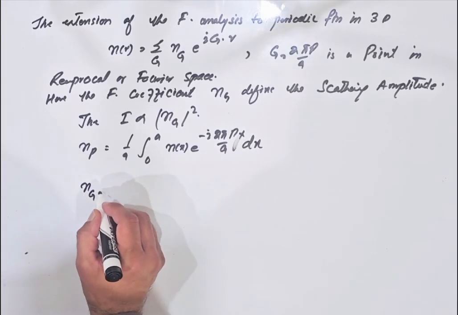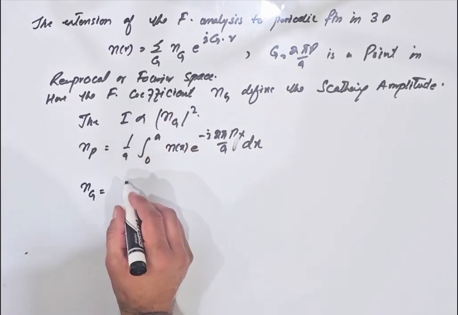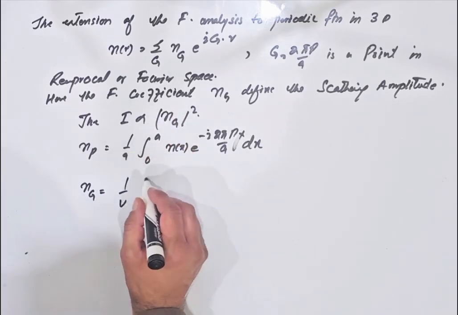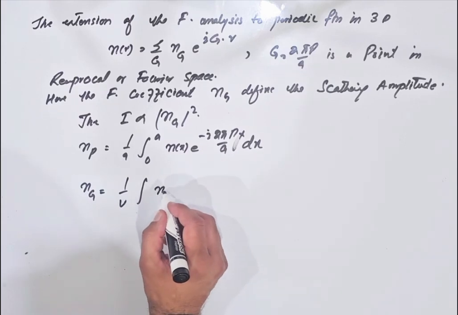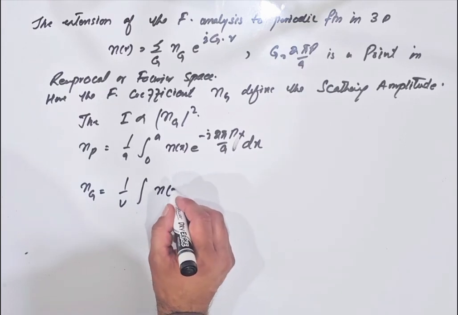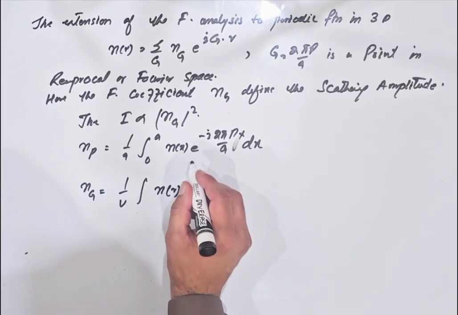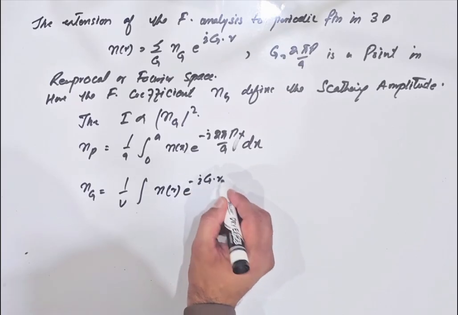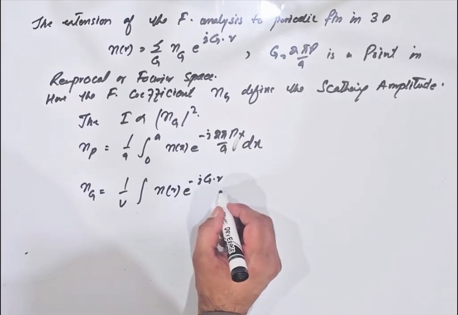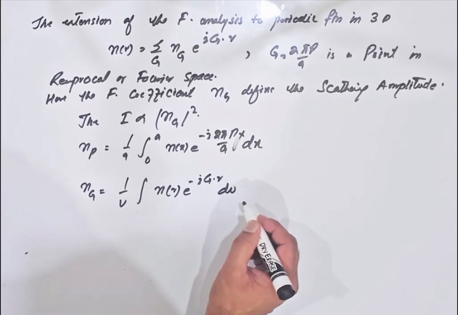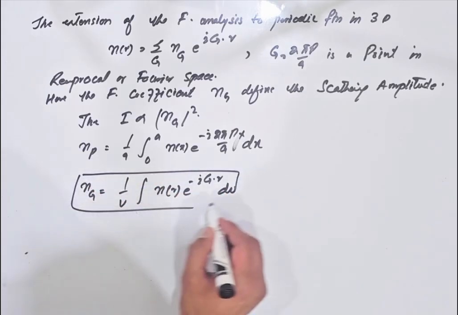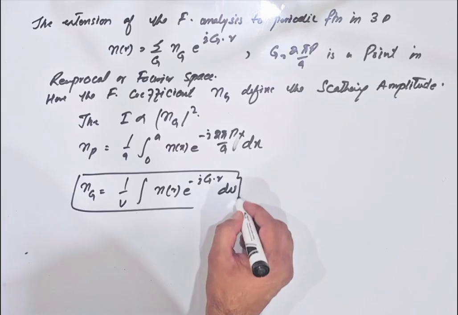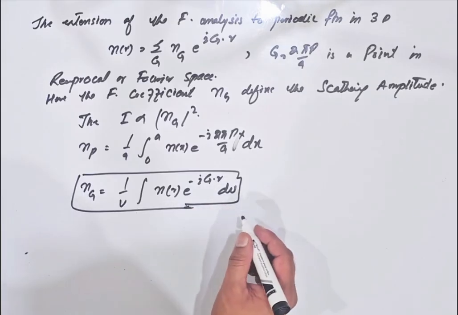Similarly, n_G is equal to the integral over the whole cell of n(r) e to the power minus iota G dot r over dV. So from this Fourier transform we can define or find the n_G value.